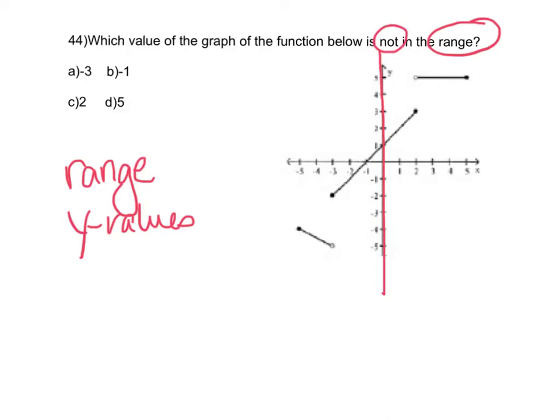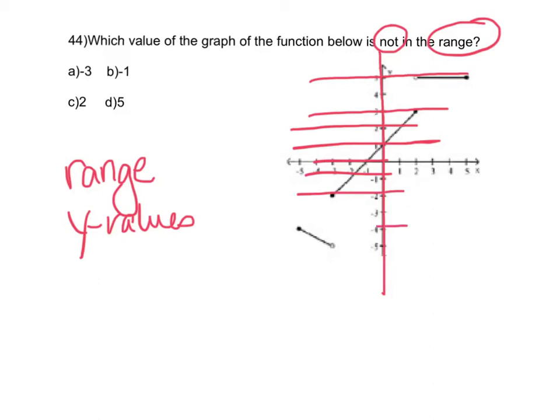Looks like 5 is graphed, 3 is graphed, 2 is graphed, 1 is graphed, 0 is graphed, negative 1, negative 2, negative 4, negative 5. So taking a look at your options, A, B, C, and D, which one of those is not a y value that is graphed?